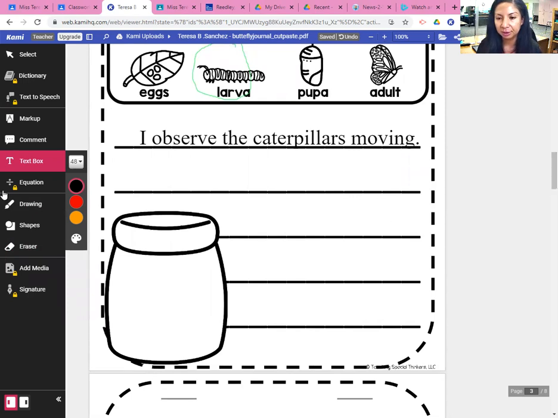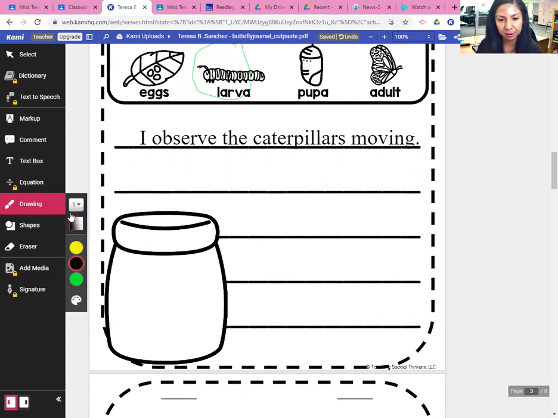Oh, and I forgot, I'm sorry. We also could draw a picture. So we have a picture of a jar. We can draw our caterpillars. I'll lighten them a little bit. I'm going to draw what they're doing now. How many are kind of lying flat on the lid? There's 2, if you can see them.